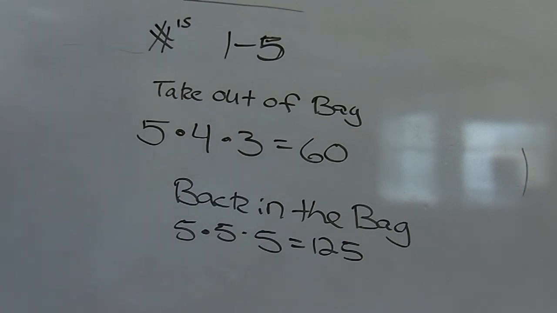You have to pay attention to the number of possible outcomes for each pull. So pull 1, I have the numbers 1 through 5. I could get the numbers 1 through 5 here, and I could get the numbers 1 through 5 here. So there's a total of 5 numbers, 5 numbers, and 5 numbers. So a total of 125 combinations.